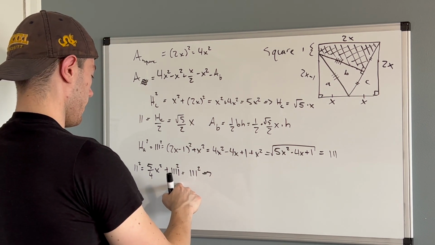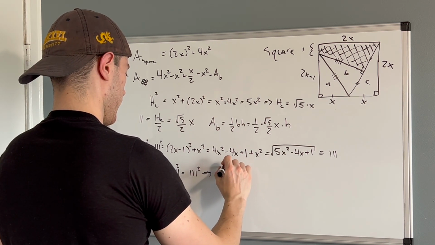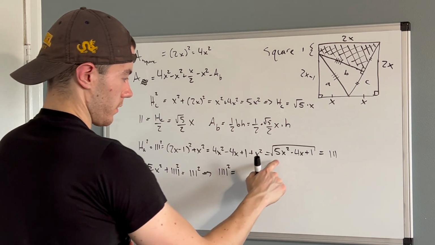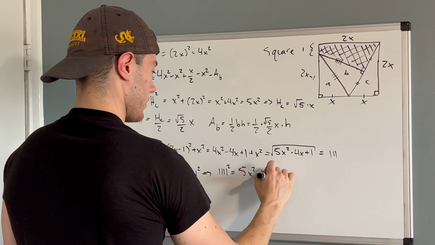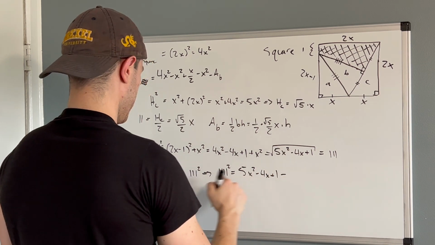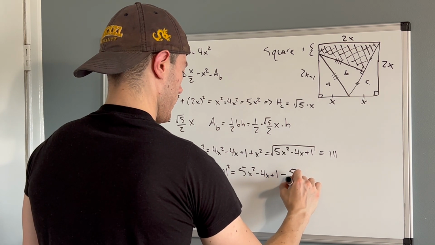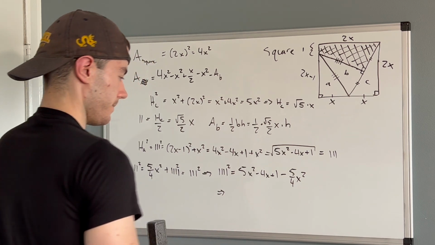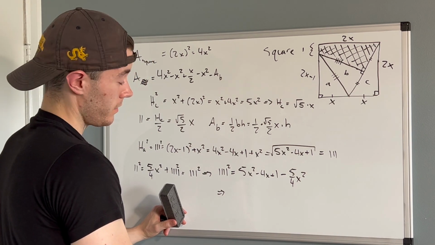So we have 4 squared equals 3 squared minus 5/4 x squared, which is equal to 5x squared minus 4x plus 1 minus 5/4 x squared. And this comes out to be, let's see, 15 over 4 x squared.